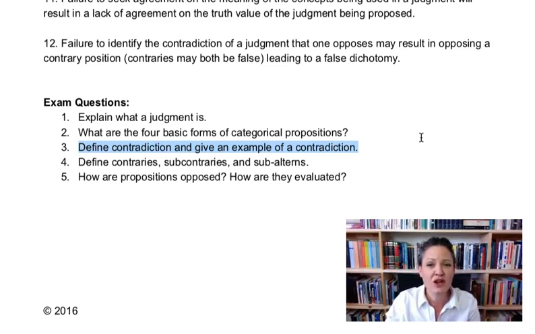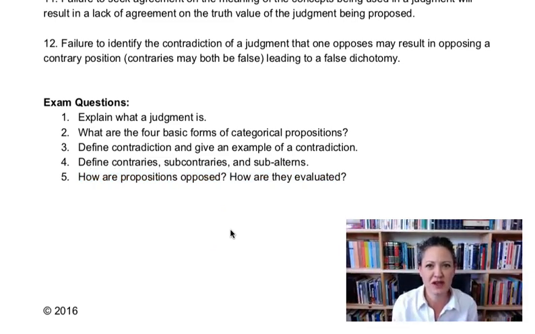You should come up with a contradiction of your own making, where it's all S is P, where you fill in S and P, or no S is P, and give the contradictory position. You should be able to define contraries, subcontraries, and subalterns at the end of this handout. And how are propositions opposed and how are they evaluated? Okay, so that's your job.